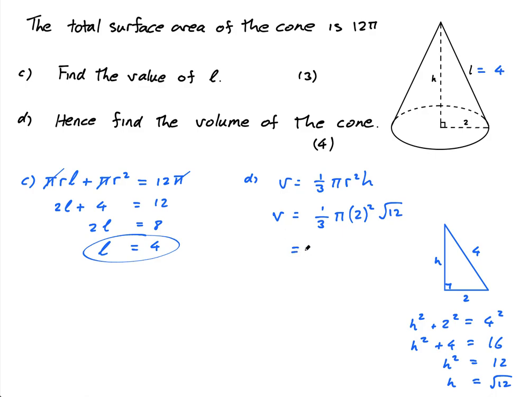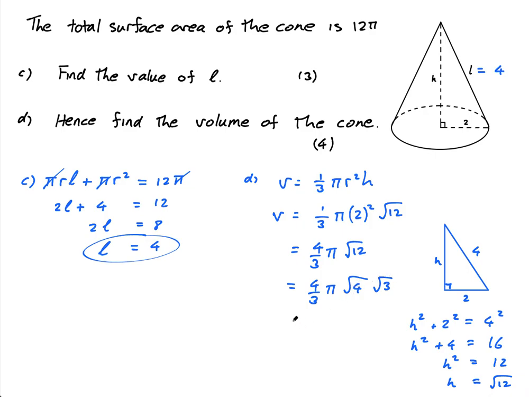He doesn't give me a particular form to put it in, but 2 squared is 4, so I'm going to have 4 over 3 pi times root 12. That's fine, you'd get full marks for that. But root 12 is root 4 times root 3.